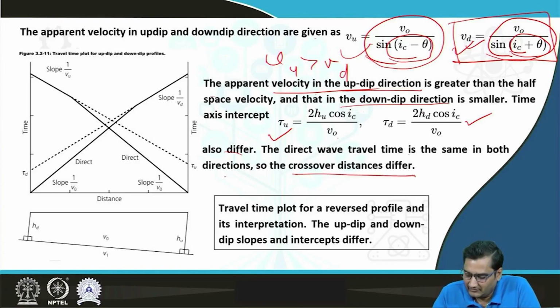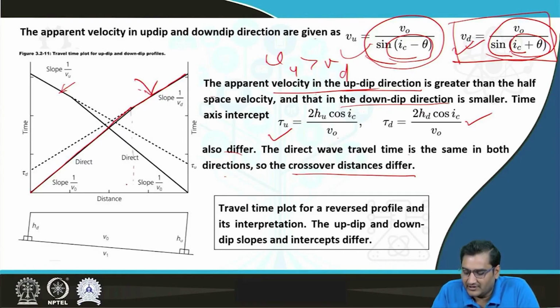Let's look at this particular diagram. In this case, you can see there are two travel time curves. One is for the reverse profiling, one is for the forward profiling. For the forward profiling, the direct wave is something like this, and then you have the head wave over here, and wherever the direct phase and the head wave intersect, that is your crossover distance.